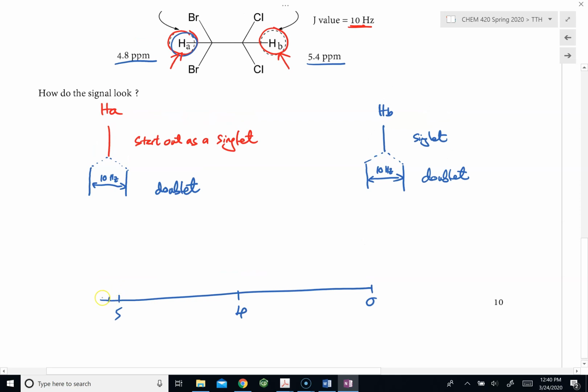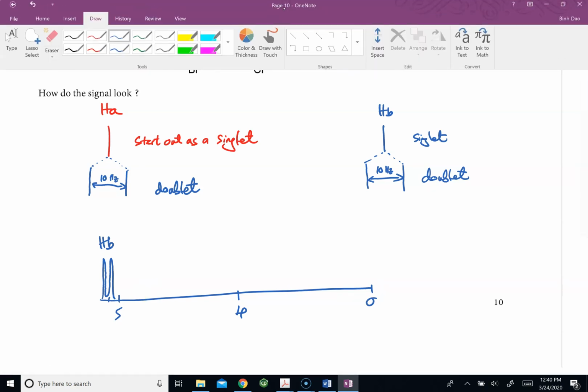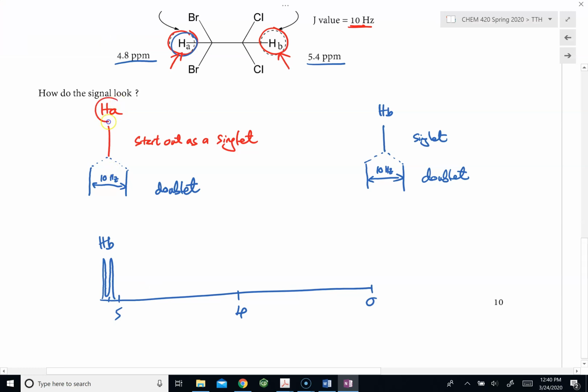So at 5.4, we would see the signal right here, and this would be HB. As for HA at 4.8 ppm, it would look like a doublet as well, which consists of two lines.